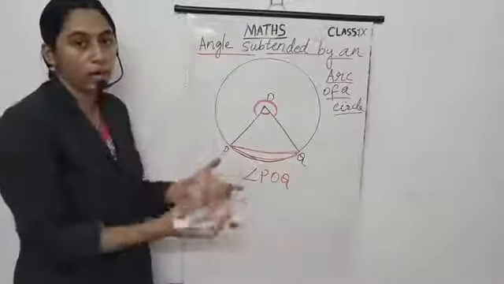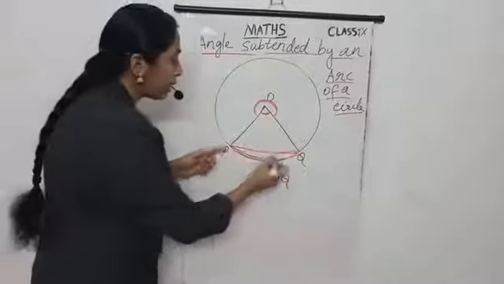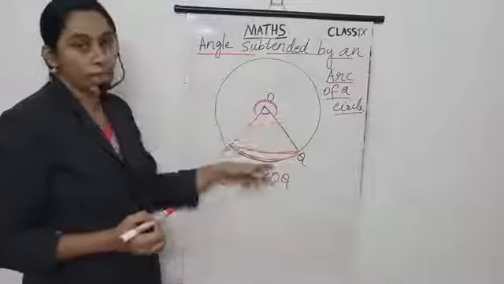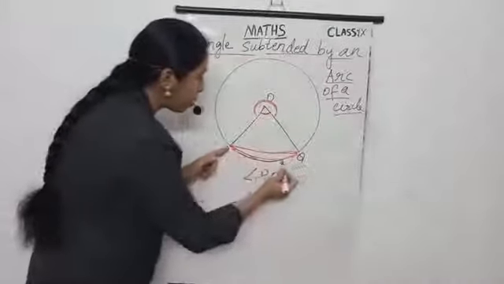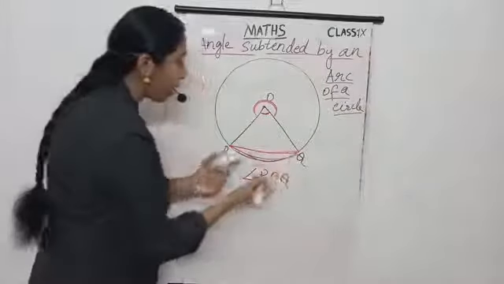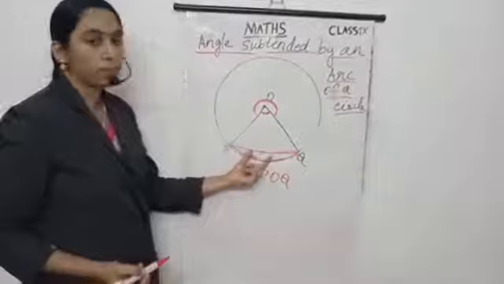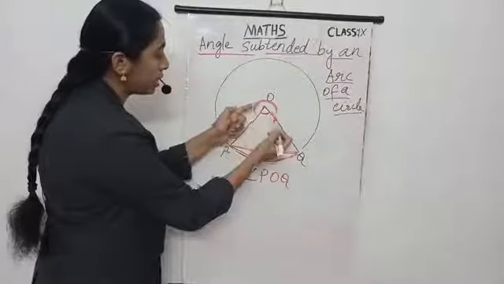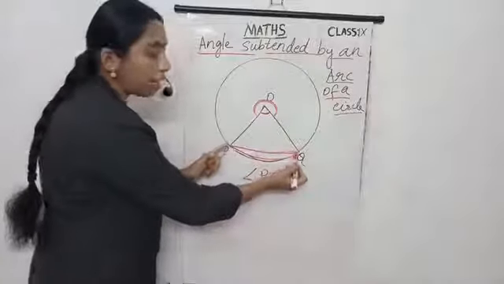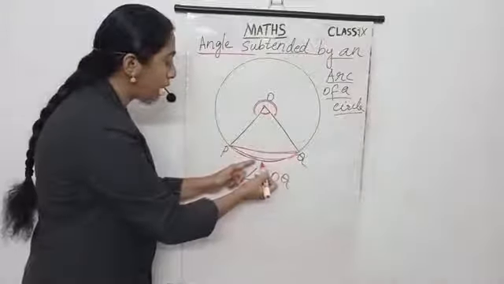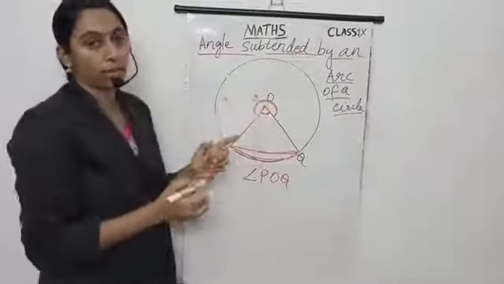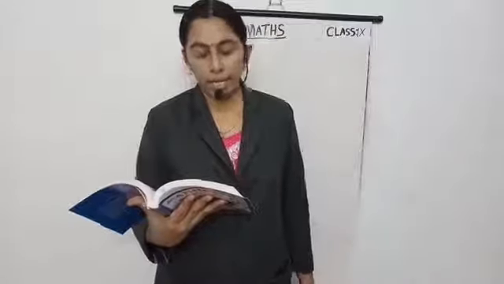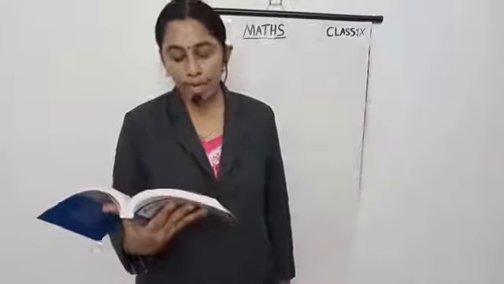So once more I repeat, this PQ is the chord of this circle, then this PQ is the minor arc. Then the angle subtended by this chord at the center is equal to the angle subtended by this arc at the center.